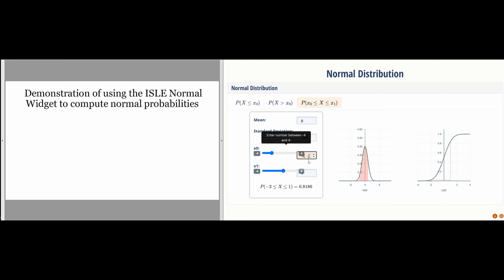If we go from -2 standard deviations to 2 standard deviations, that gets us to just a little more than 95%. And as we've talked about, if we go from 3 standard deviations below the mean to 3 above, that's where we get our 99.7% probability from. Okay, so that is the normal distribution widget.